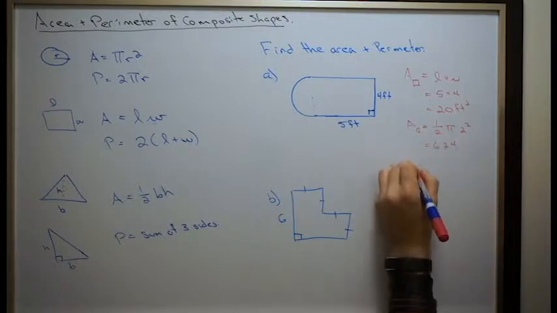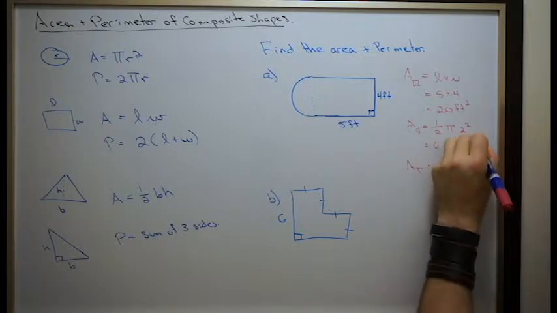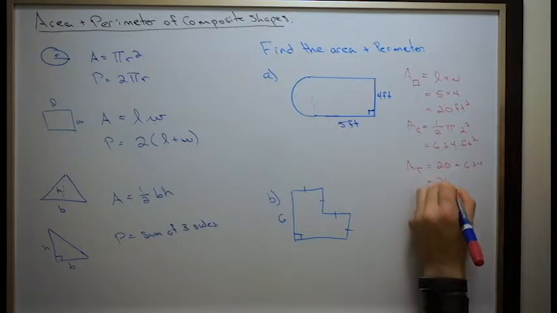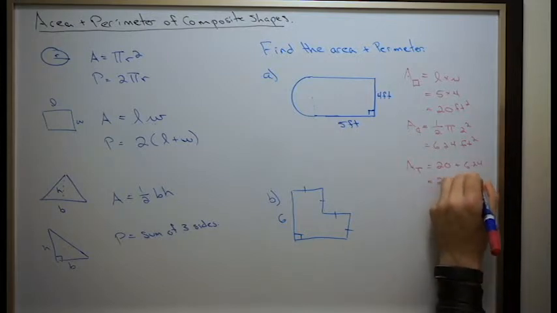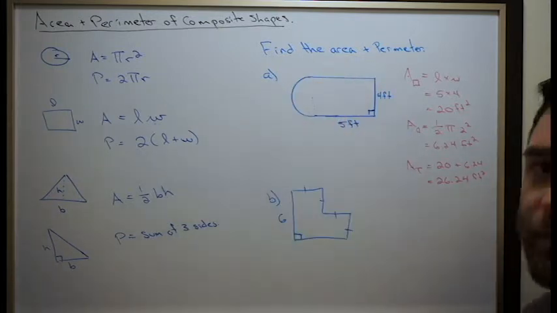And so our total area is 20 plus 6.24, which equals 26.24 feet squared. So there's our area of this shape here.